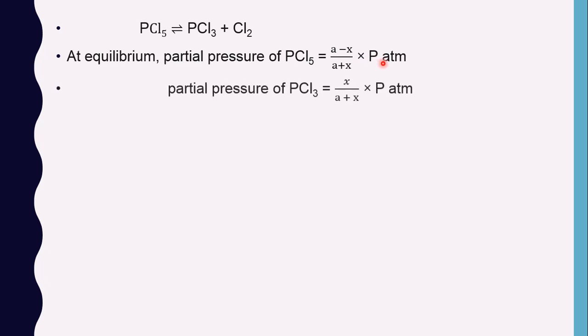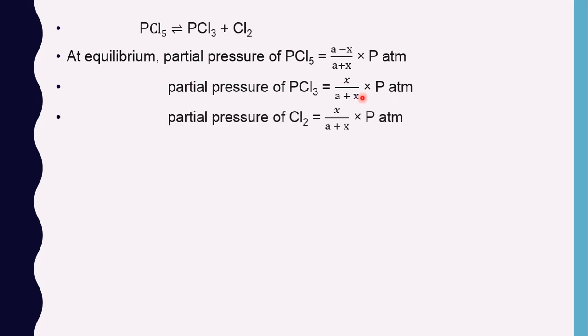In the same way, at equilibrium, partial pressure of PCl3 equals X divided by A plus X into P, that is mole number divided by total mole number into total pressure, and also partial pressure of chlorine equals X divided by A plus X into P atmosphere.